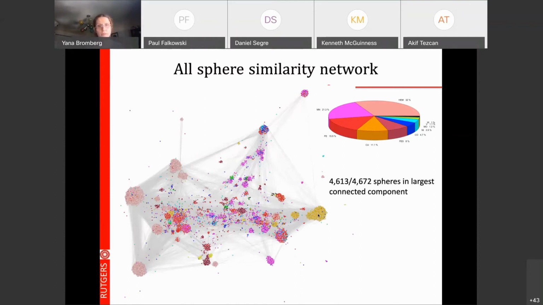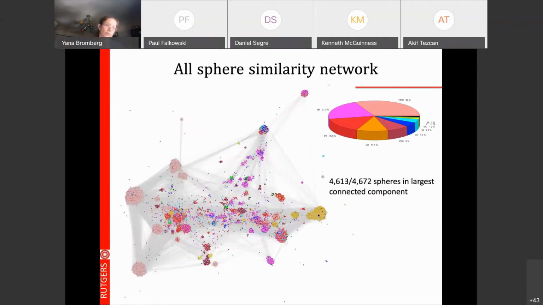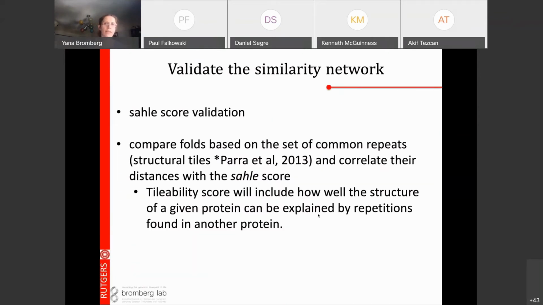So one of the things that we needed to do for that is, I'm sorry, before I get into that, there's two things here. One, we validated the Sahle score. In order to validate the similarity network, we had to validate the Sahle score, and I didn't talk in detail about it, but the mutagenesis story on copper was actually part of this conversation.